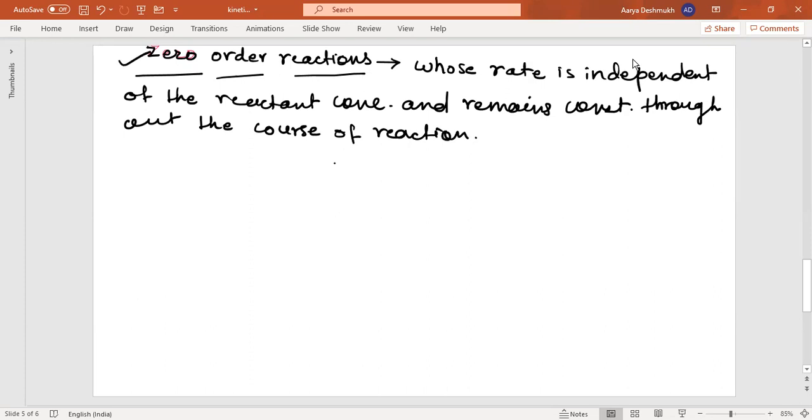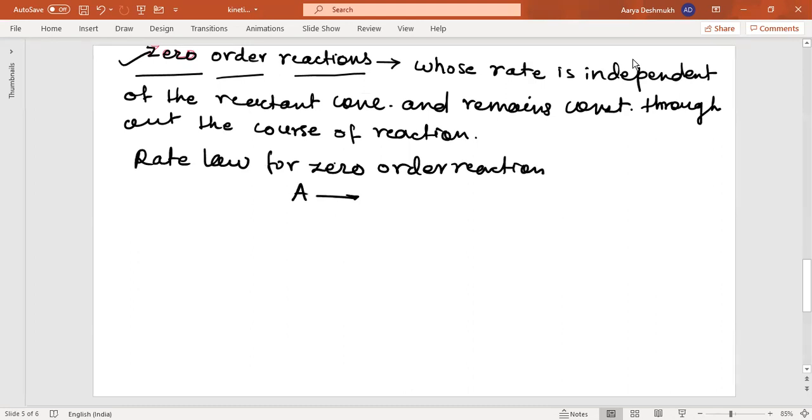Now the rate law for the zero order reaction. For this zero order reaction, we can write the rate law. Consider a reaction where A is getting converted into products.